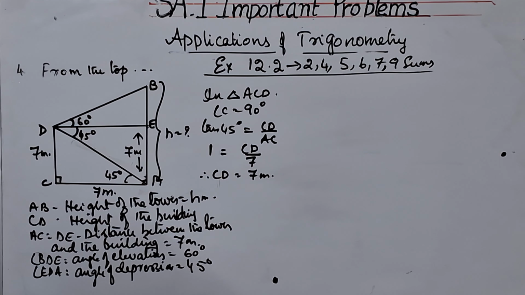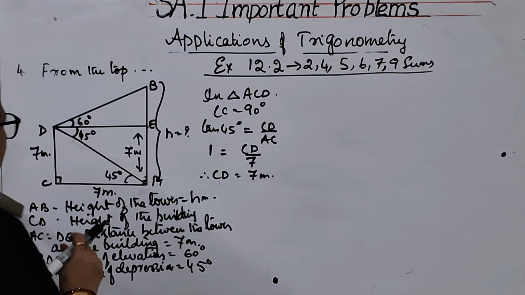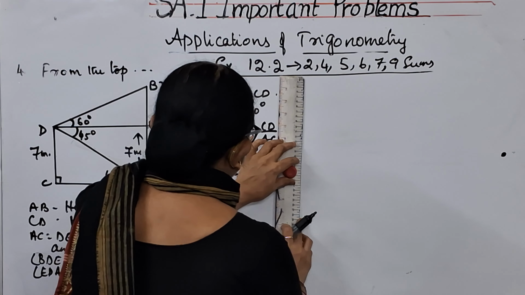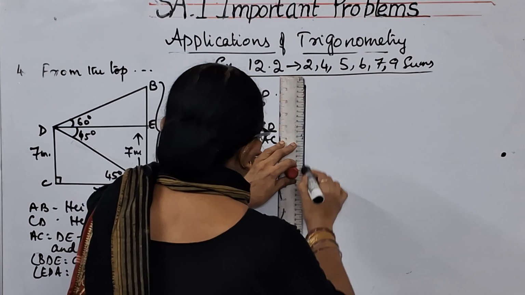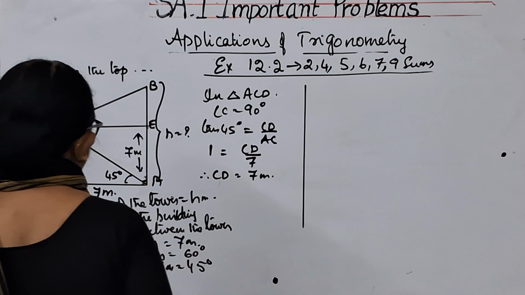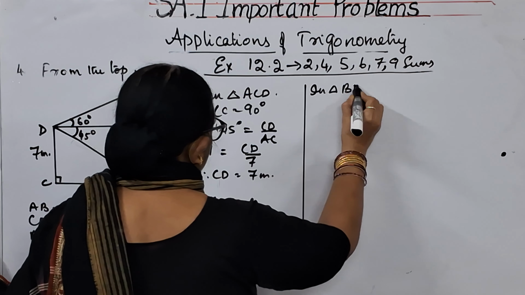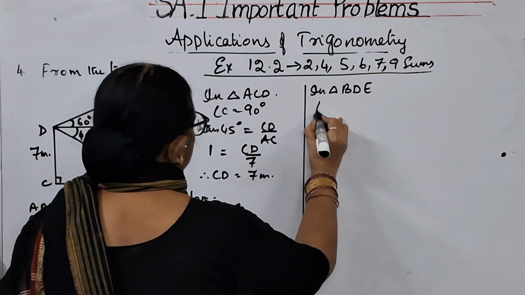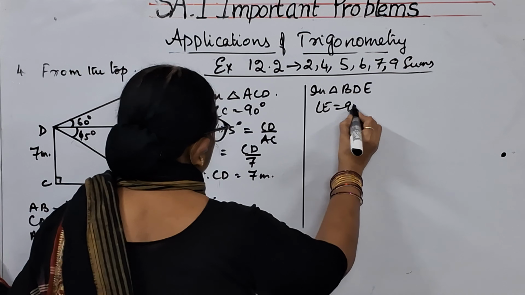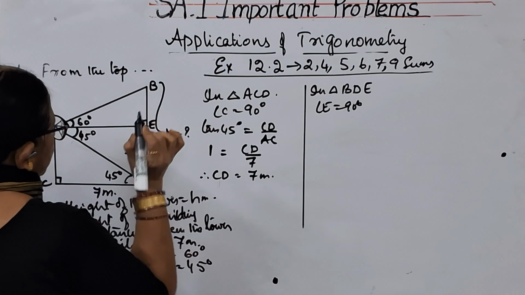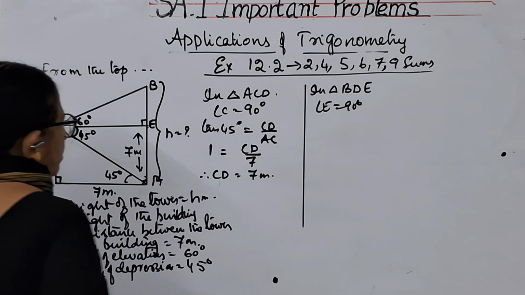Now we go to the triangle BDE. In triangle BDE, angle E is equal to 90 degrees.